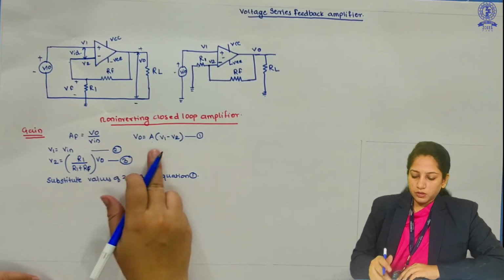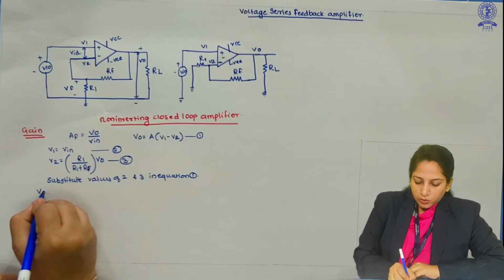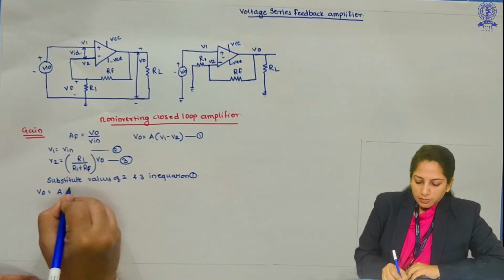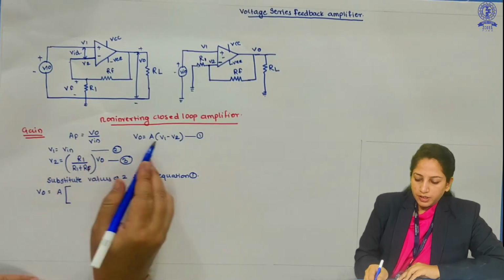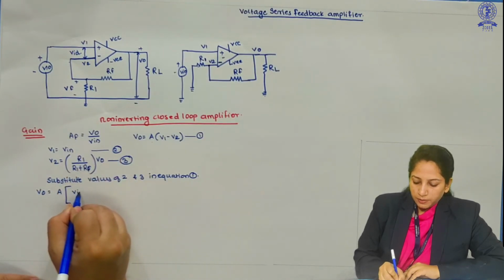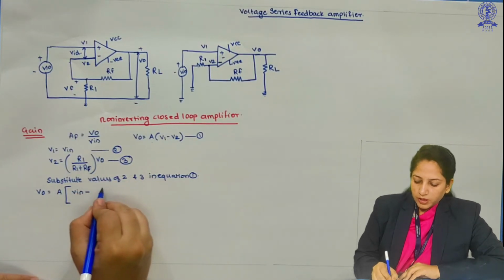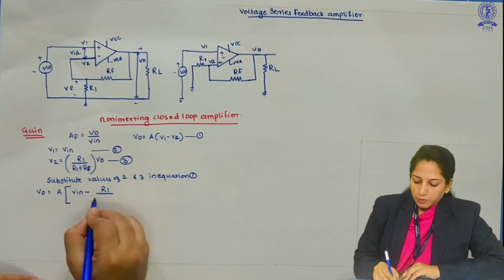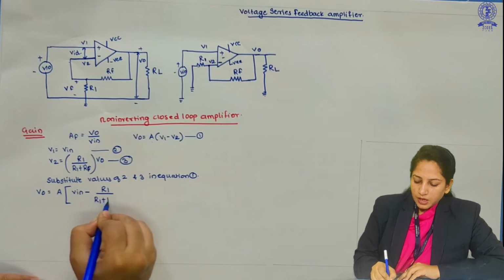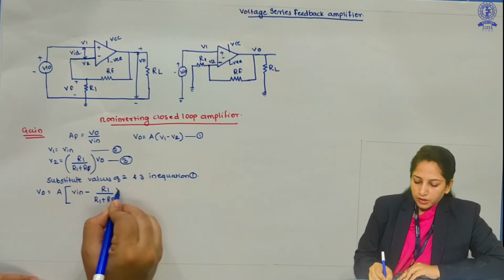Okay. So after that it will become V0 is equal to A multiplied by (V1 is V in, so V in minus V2, this whole term), so that will become R1 upon R1 plus RF into V0.